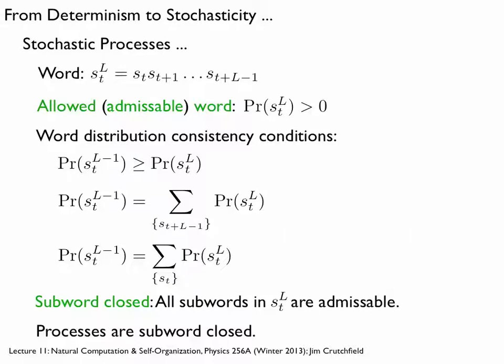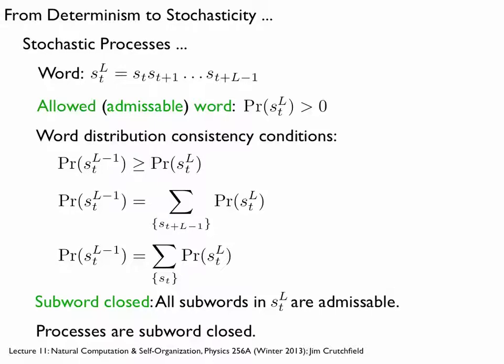In fact, more directly, if I have the distribution over length L words, I can marginalize over the last symbol and get the probability of seeing the shorter word, or I can marginalize over the first symbol in the length L sequence and get that. Okay, so these are constraints on what these probability amplitudes are when I assign them to words.